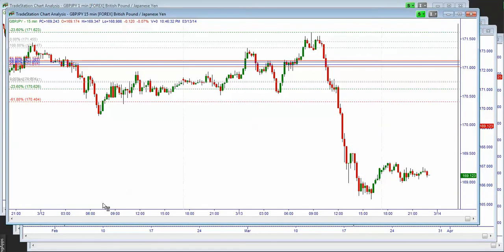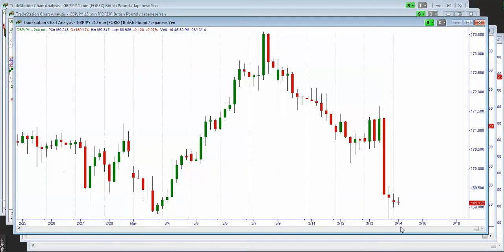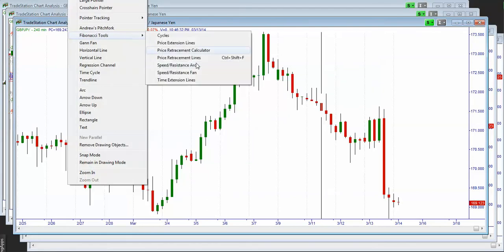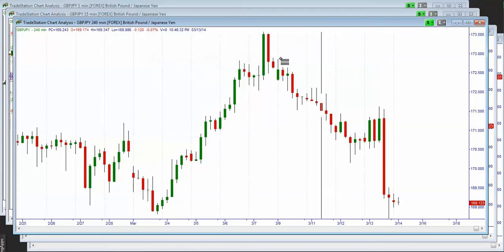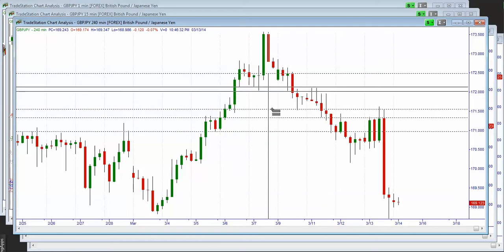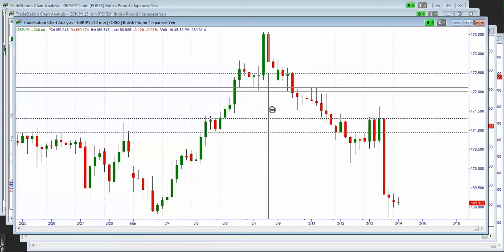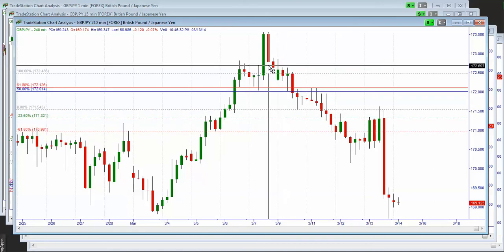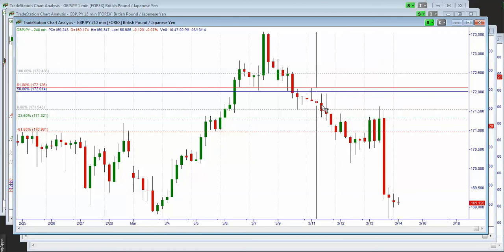And I want to review the 4-hour chart here. In this market, the very important anchor that has been used was the lows on March the 7th here, which were priced into first and second target here.